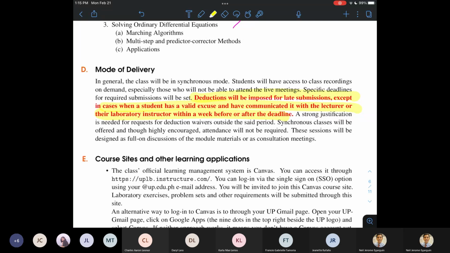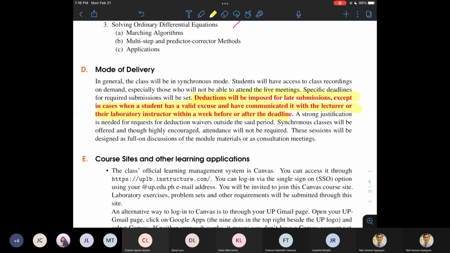So sabihan nyo ako 1 week before or after the deadline. So if you anticipate na medyo hindi kayo okay for this particular week and you will not be able to meet the requirements for next week or for the next Monday, then you can let me know and I will give you utmost leniency insofar as deadlines are concerned.